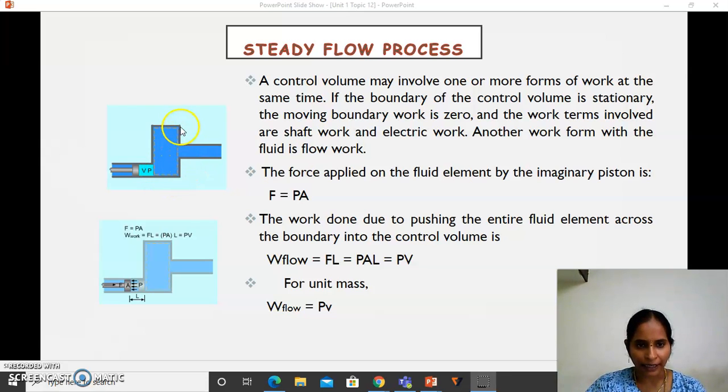Any imaginary envelope is supposed to cover the control volume. Of course, for selecting any area, that area has to be covered with an imaginary envelope, right?